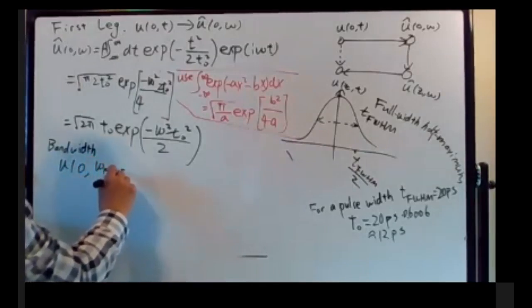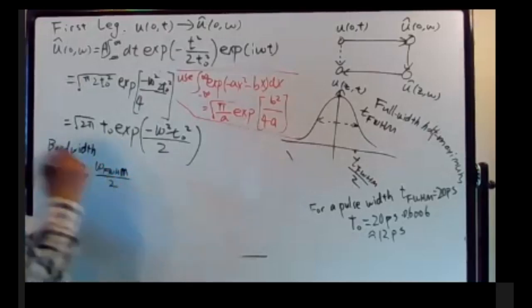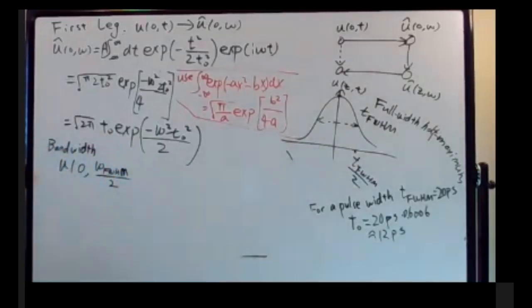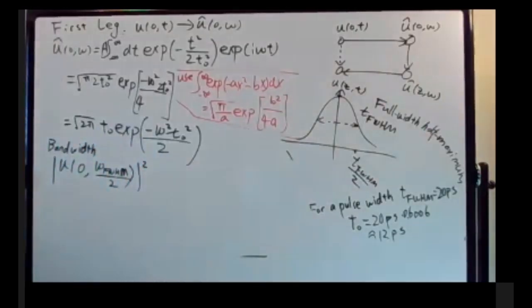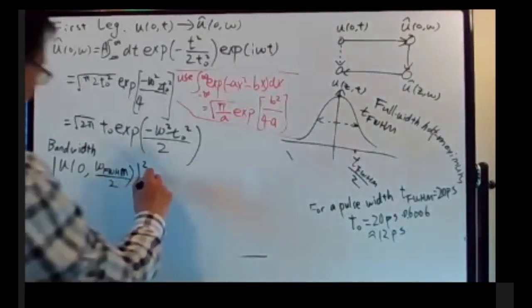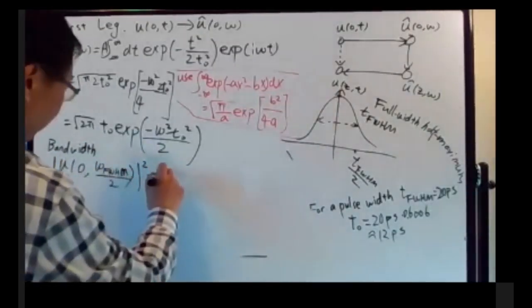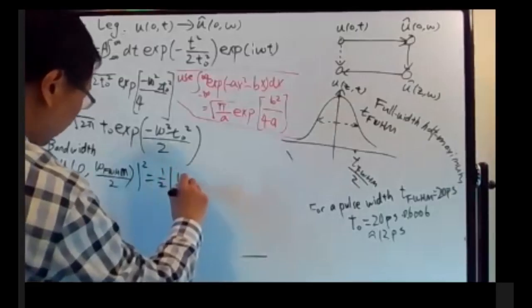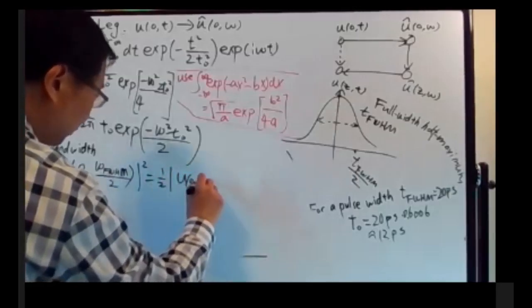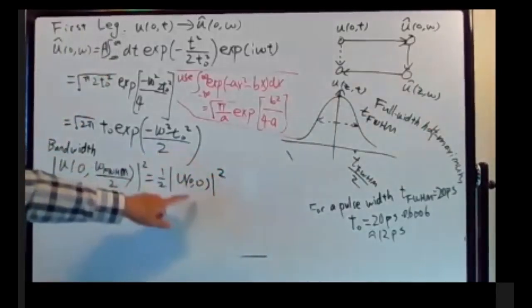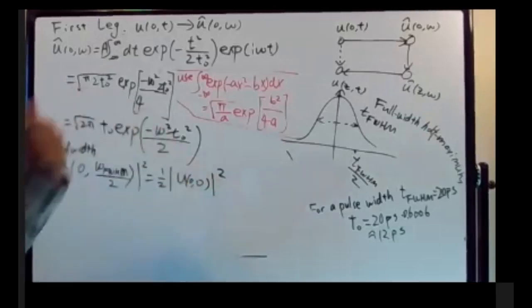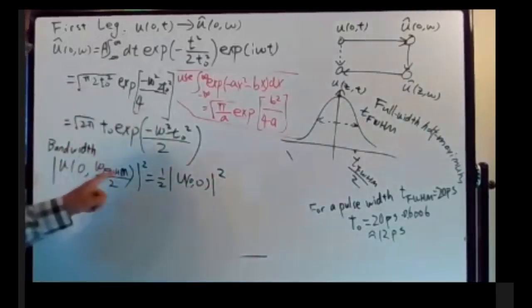At half, this is the center, it's a Gaussian pulse, so it's half of the peak power.